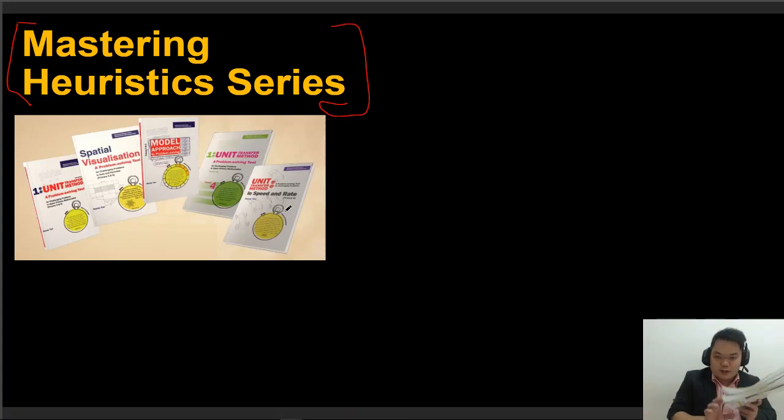And right now what I have with me, let me just show you, is the Unit Transfer Method, 2nd edition, which was reprinted and published back in 2010. The first edition was printed back in 2009.